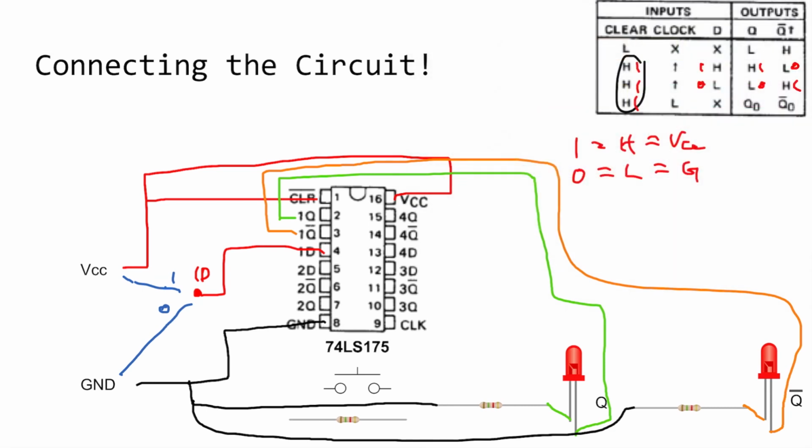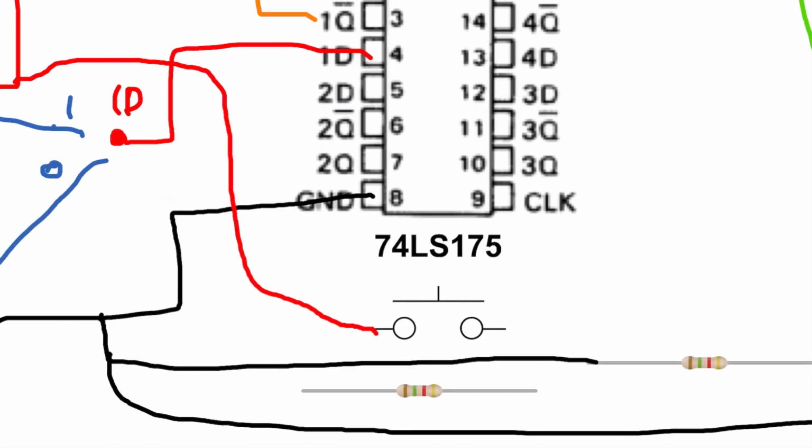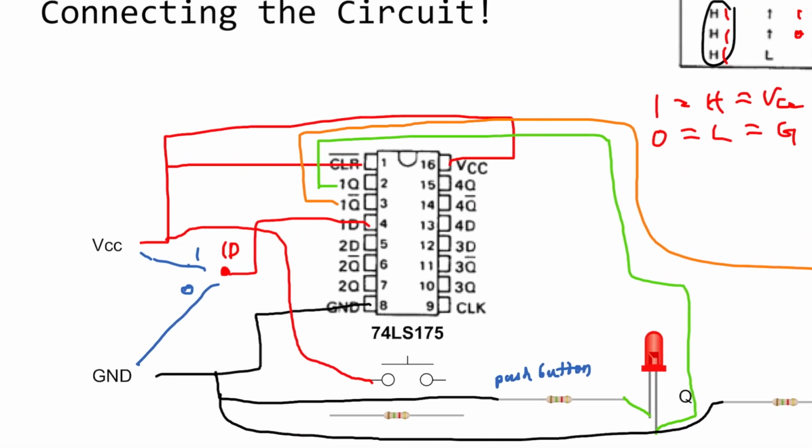The clock would have a connection from VCC to the switch. This is actually a push button. Now this push button is going to be connected to the clock, CLK, and the resistor.